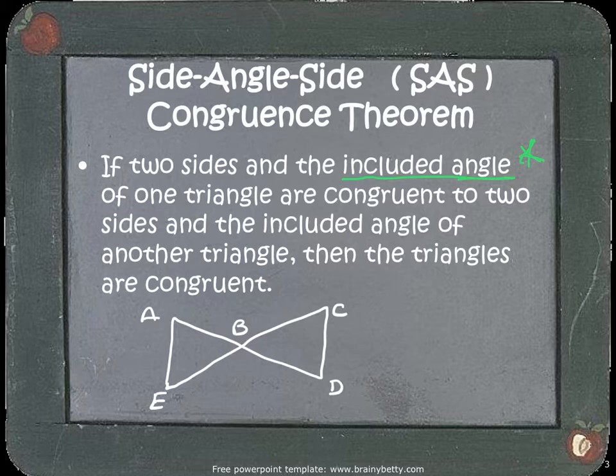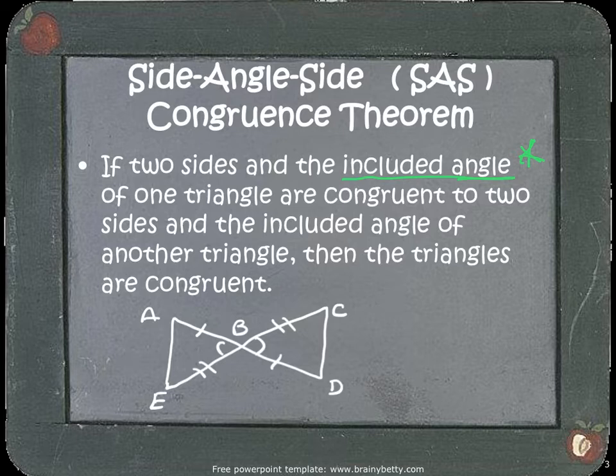So in order to prove these triangles are congruent, we would need a side, another side with a marking, and then the angle that is formed by the 2 sides that are marked. So I could use these vertical angles here.